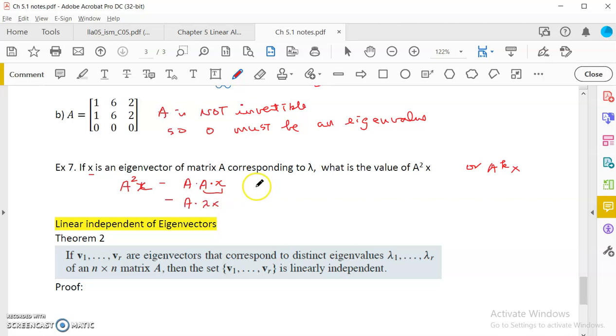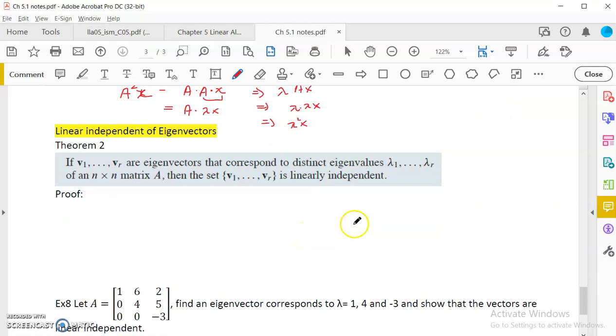Lambda is a scalar, so I can move it in front as a constant, lambda Ax, and it will be lambda lambda x, right, because Ax is lambda x. That means lambda squared x. So if you apply the transformation to x 2 times, it's the same: if x is an eigenvector, then it will be lambda squared x.